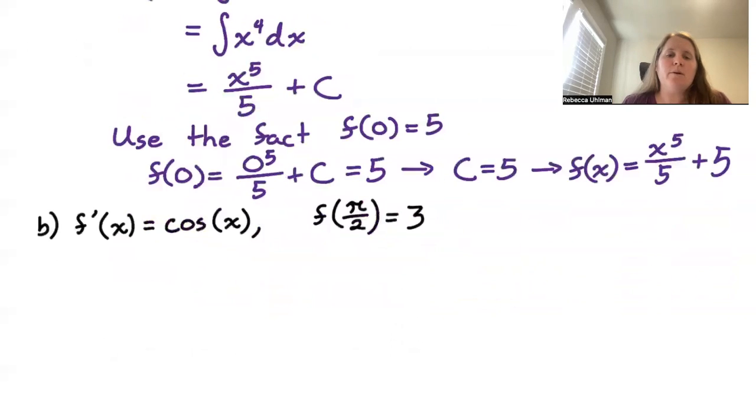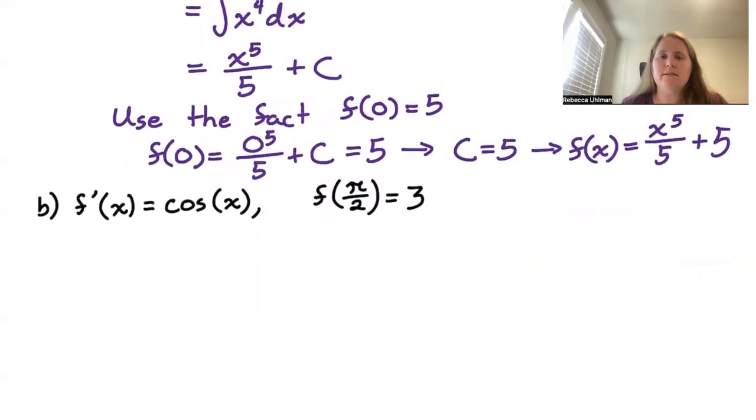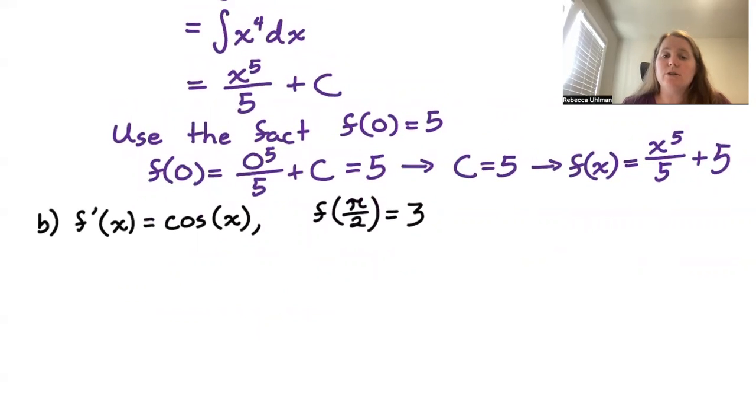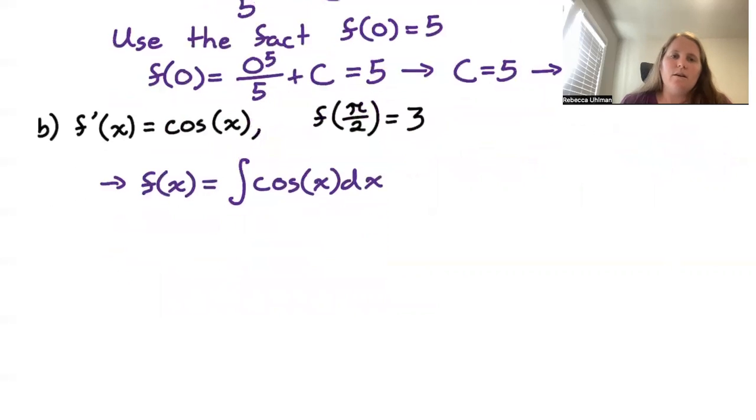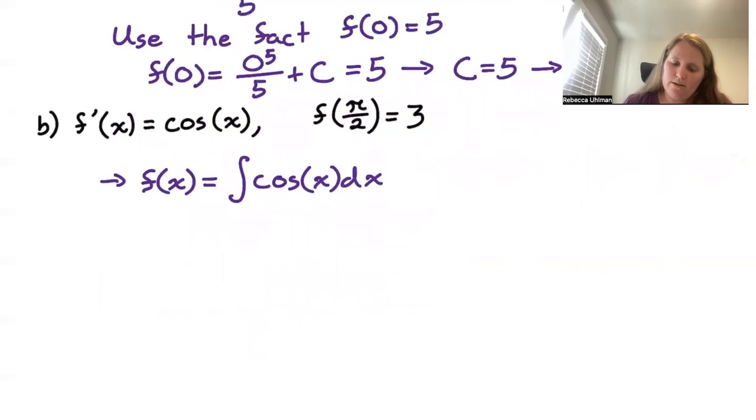Part B, we have f prime of x is cosine of x, and f of pi over 2 is equal to 3. So once again, we have f of x should be an integral of f prime of x. So f of x should be an integral of cosine of x dx. Integral of cosine of x was positive sine of x plus c.